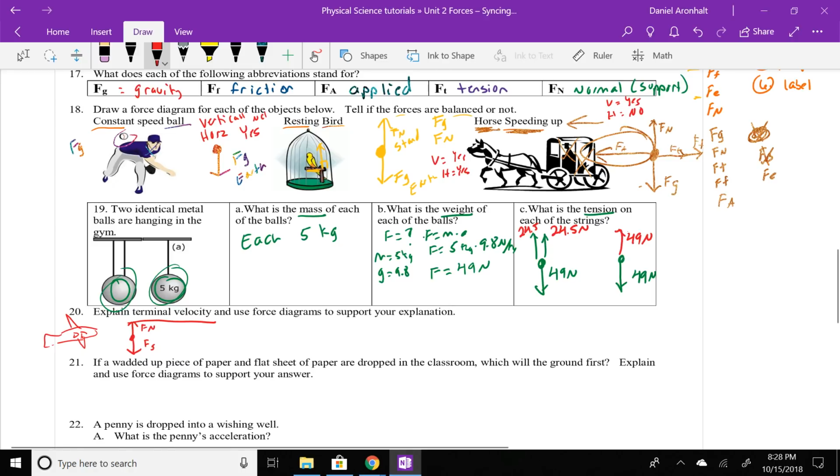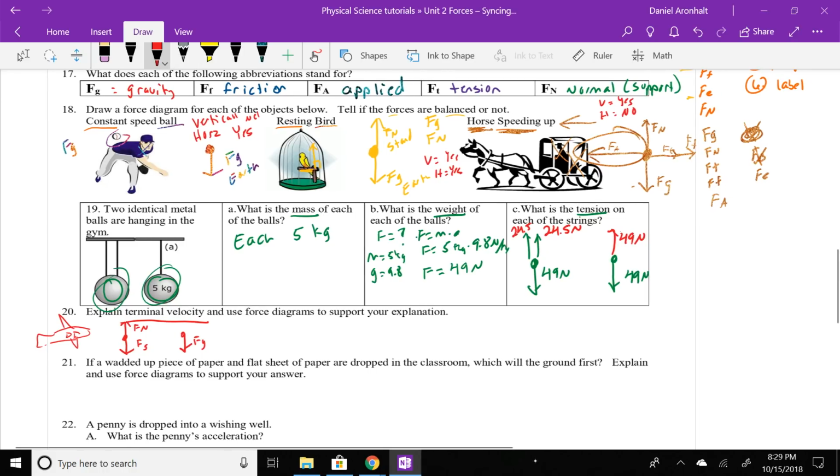When you jump out of the plane, there's no longer a support force, and the only force acting on you is gravity. Are you balanced there? No. And since you're not balanced, you're going to accelerate, which means speed up in this case, downward. But as you accelerate, you go through the air faster and faster, and you hit more air molecules.